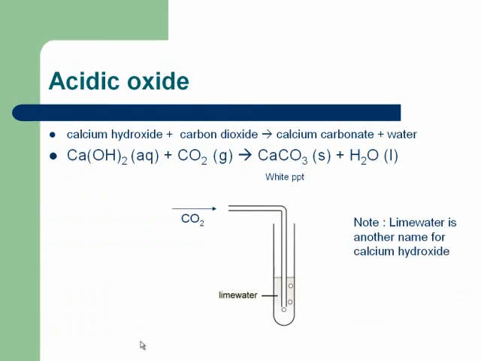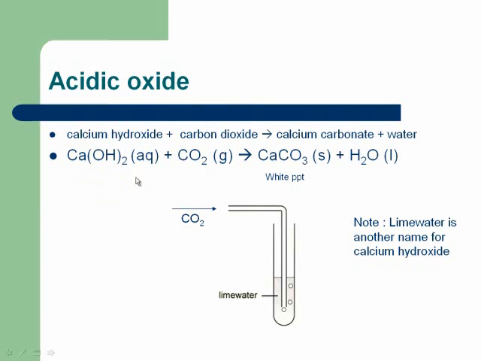I'm going to give you one more example of acidic oxide reacting with alkaline. Down here we have an alkaline, calcium hydroxide, reacting with carbon dioxide, which is an acidic oxide, to give you a salt and water. And this salt is calcium carbonate.